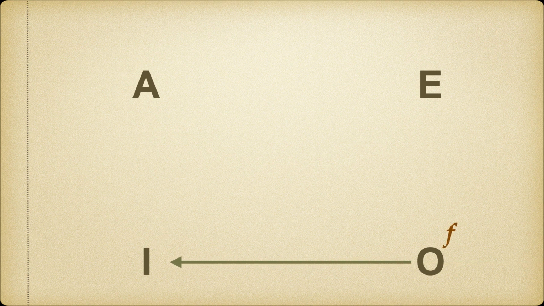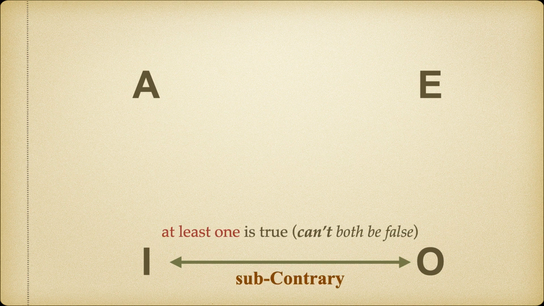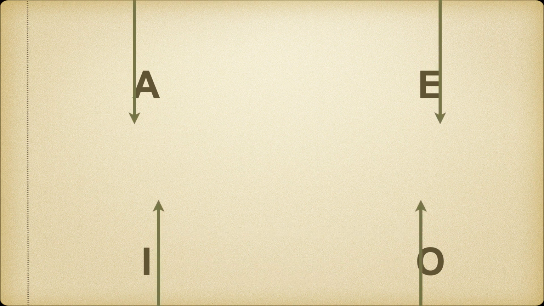And we'd see exactly the same thing here. Subcontraries cannot both be false, and at least one of them is going to have to be true. So the subcontrary relationship is the mirror opposite of the contrary relationship. At least one of them must be true, and they cannot both be false.